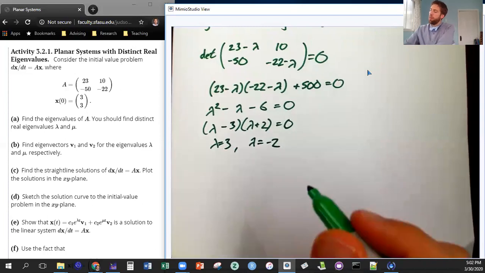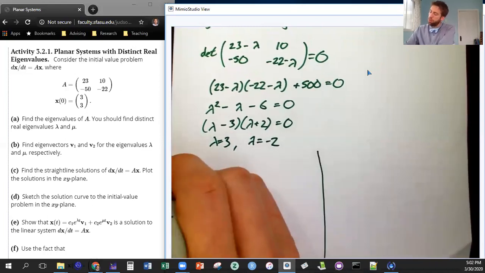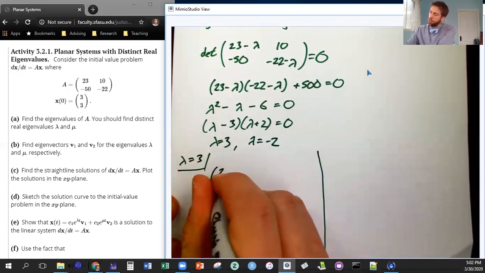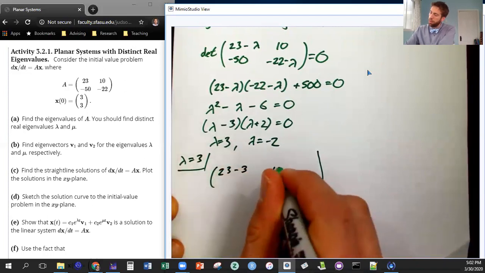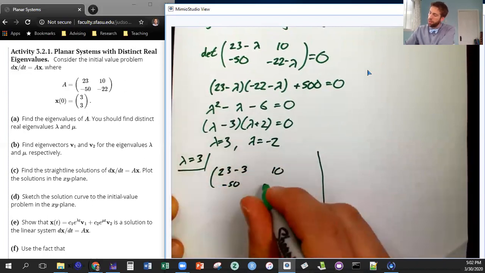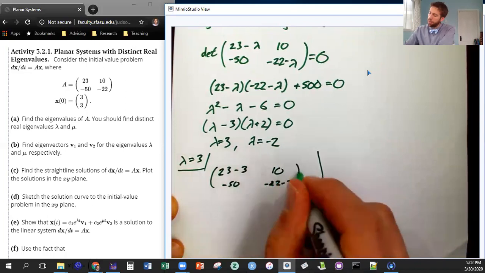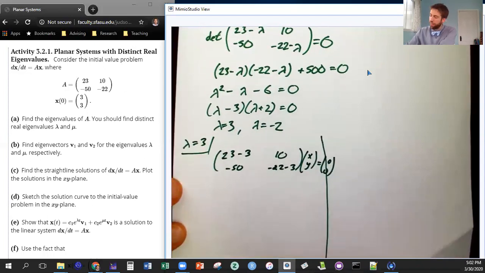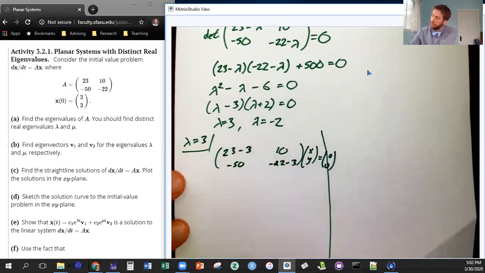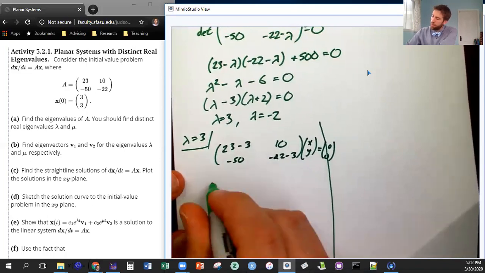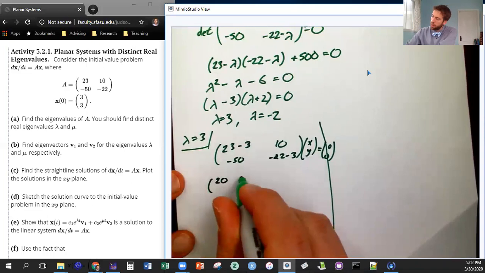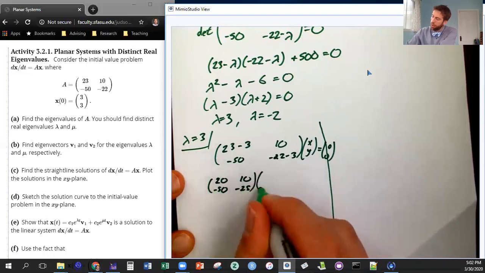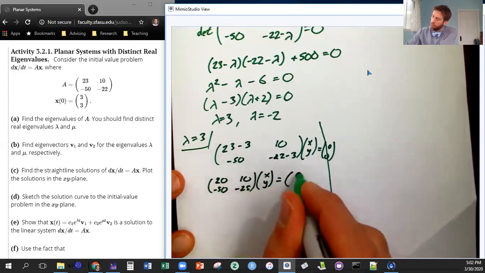Okay. Then, for lambda equals 3, we've got the matrix 23 minus 3, 10, negative 50, negative 22 minus 3 times x, y equals 0, 0. That means I've got 20, 10, negative 50, negative 25 times x, y equals 0, 0.